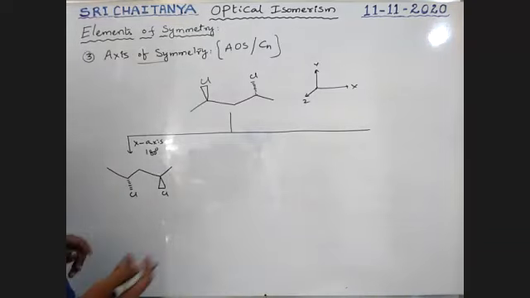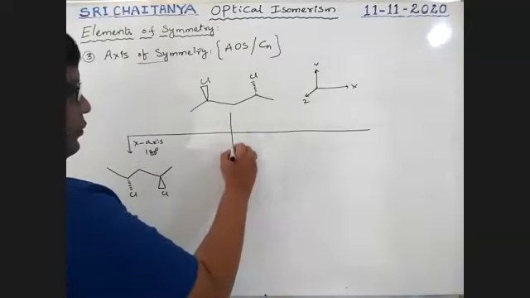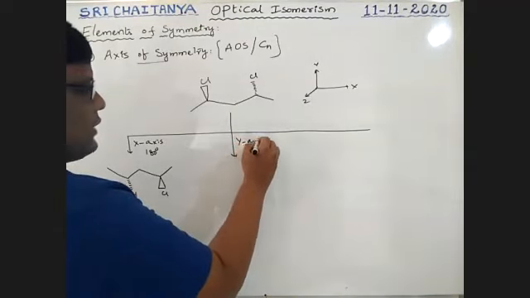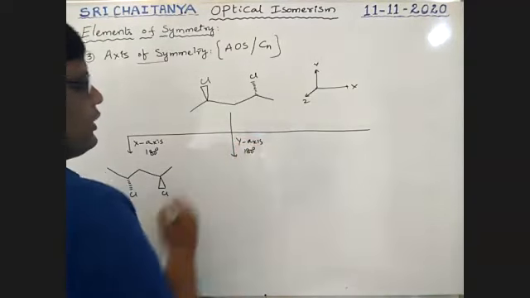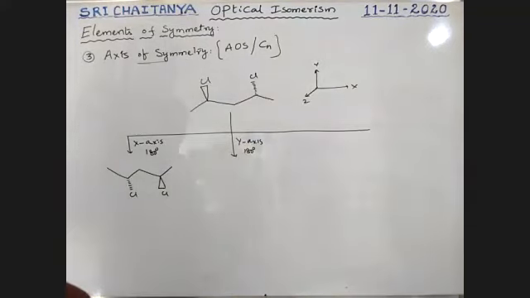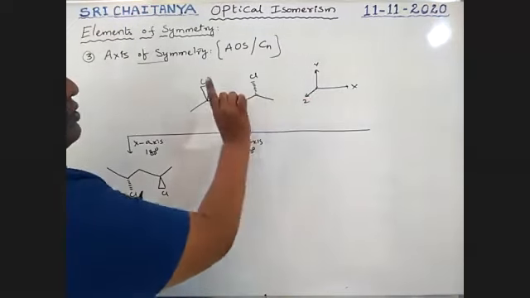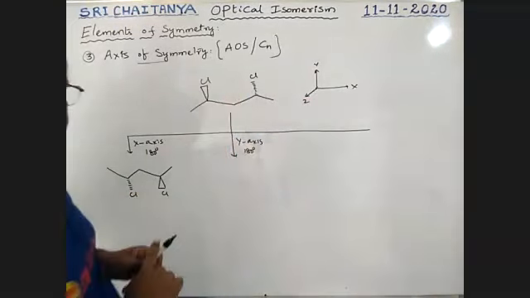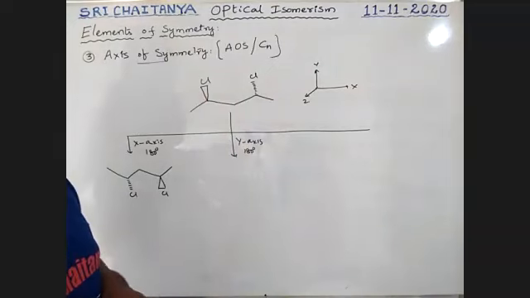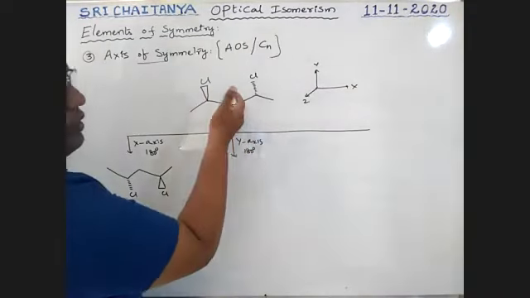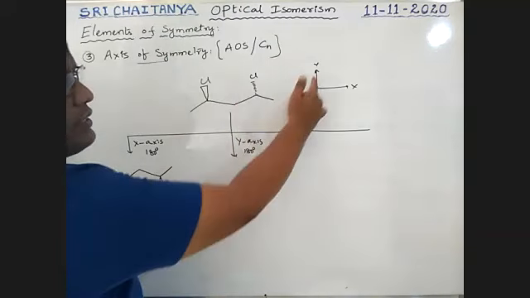Okay. So along y-axis, boys, I'm going to rotate this molecule 180 degrees. So rotate it, just rotate it. So this molecule is rotated. Previously it was rotation along the x-axis, now it is rotation along the y-axis.